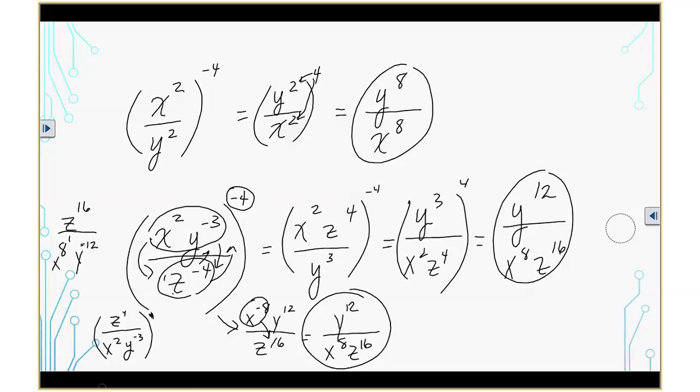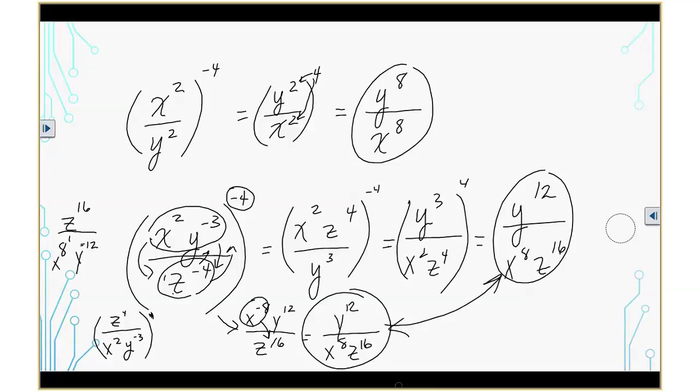I brought the y down and the z up, and that made my y positive and my z positive, but my negative is still out here. Then I flipped the whole thing, and then it became positive. So I come up with this negative 12, and is that correct? See that y to the negative 12? These two are the answers.